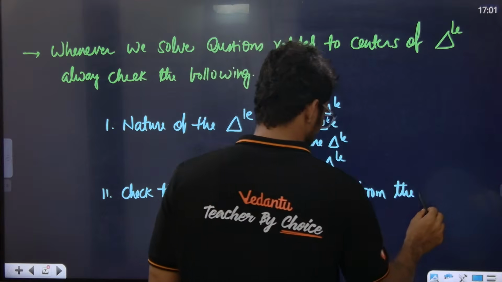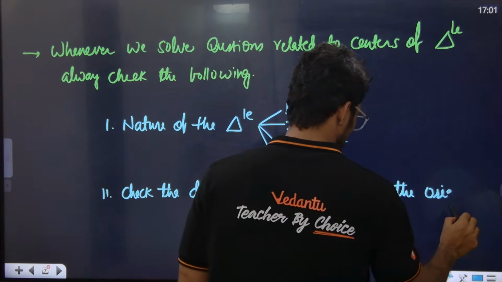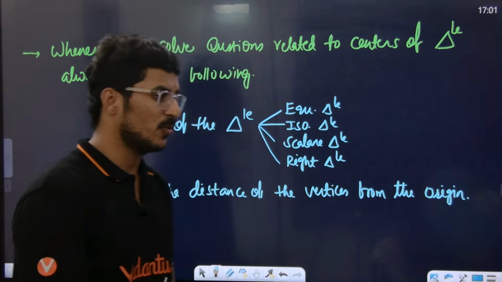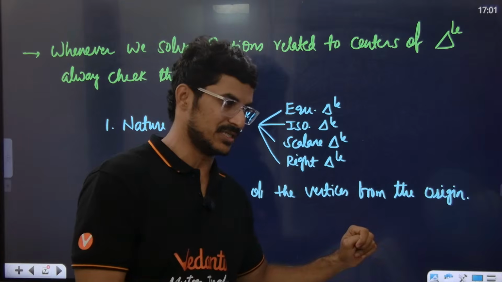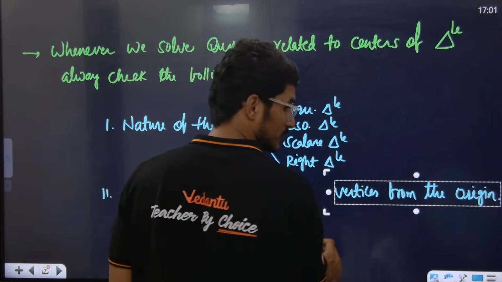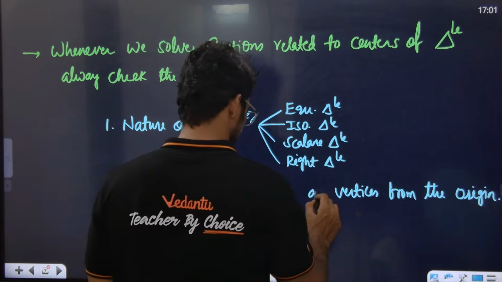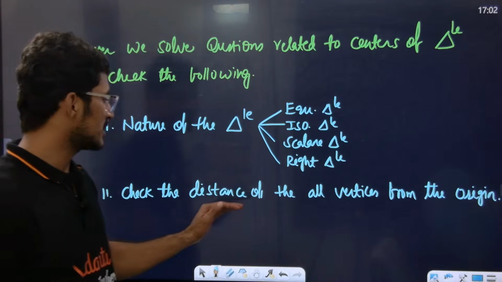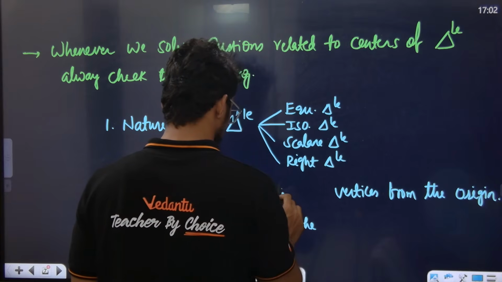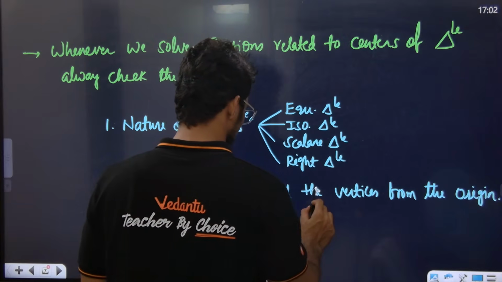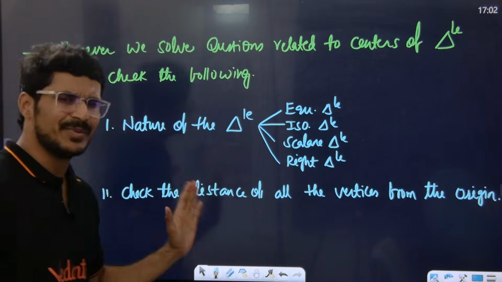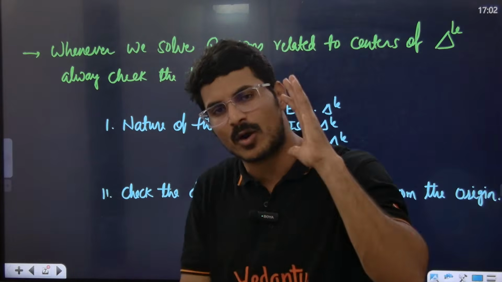So check the nature of the triangle, and also check the distance of all the vertices from the origin. Sir, what do you mean by this?